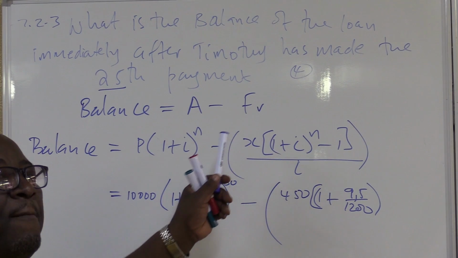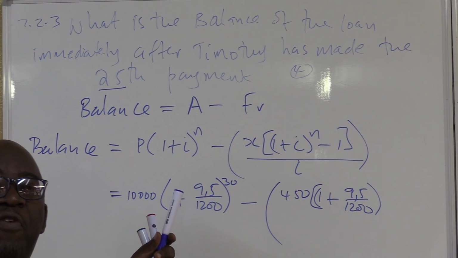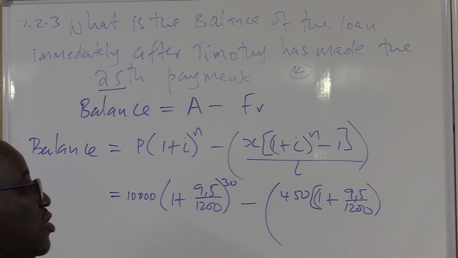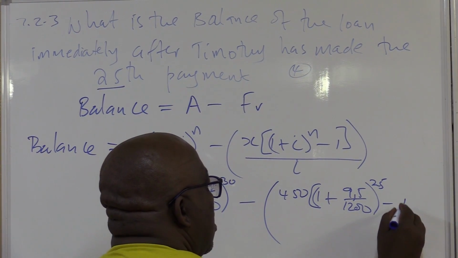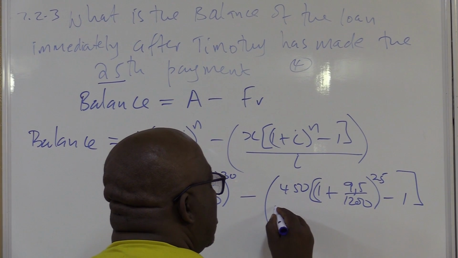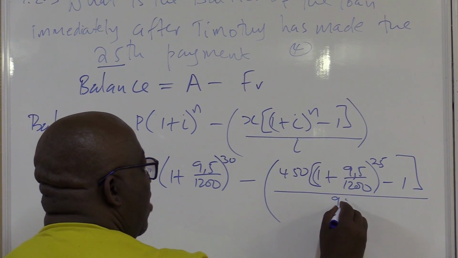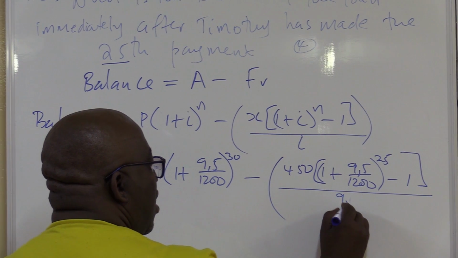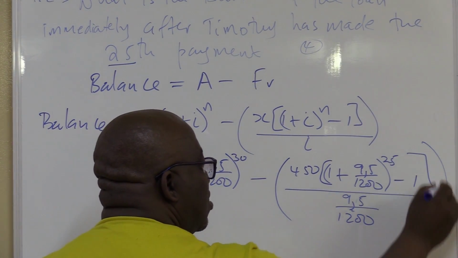Here in future value, I'm paying these installments, so I can't use 30 because I don't have to include the 5. So it will just be 25 in this case. Minus 1. You close that bracket. This is all over, what is my interest rate? It is 9.5 over 1,200. I close this bracket.